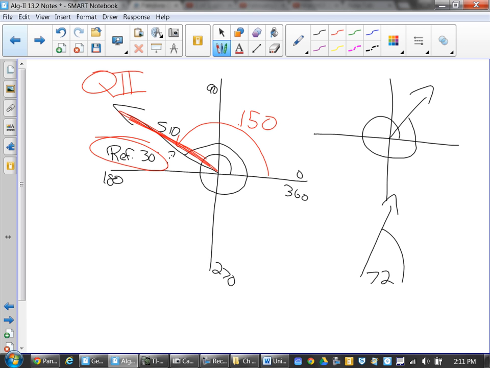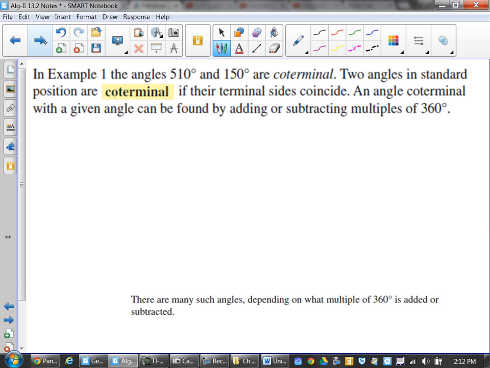Yeah, you're the second person to ask that. So coterminal is nothing more than when you have two or more angles that share the same terminal side, that are in the same quadrant, that have the same reference angle. You got it right there.